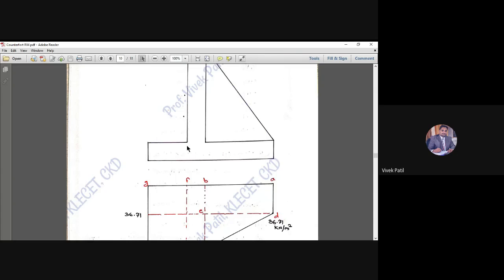What is the density of soil? 18 kilonewtons per meter cube. Again, where will it be acting? From here to somewhere here. What will be the distance from this face where it will be acting?